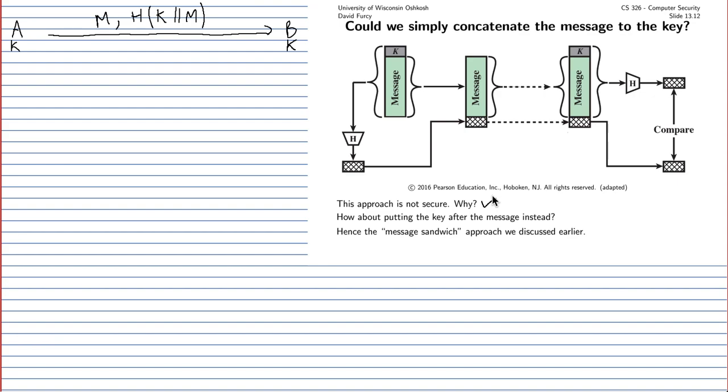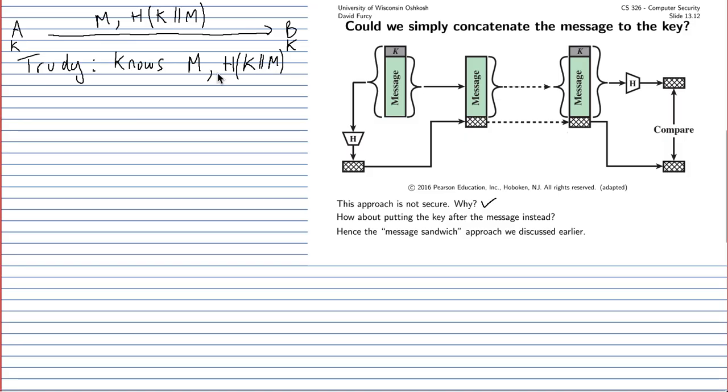So let's describe a scenario in which Trudy, which is the attacker, could do something pretty bad in terms of an active attack. So what does Trudy know? Well, she knows the message M, and she knows the authentication tag. She knows H of K and M. Okay? So let's be a little bit more specific and take a particular scenario.